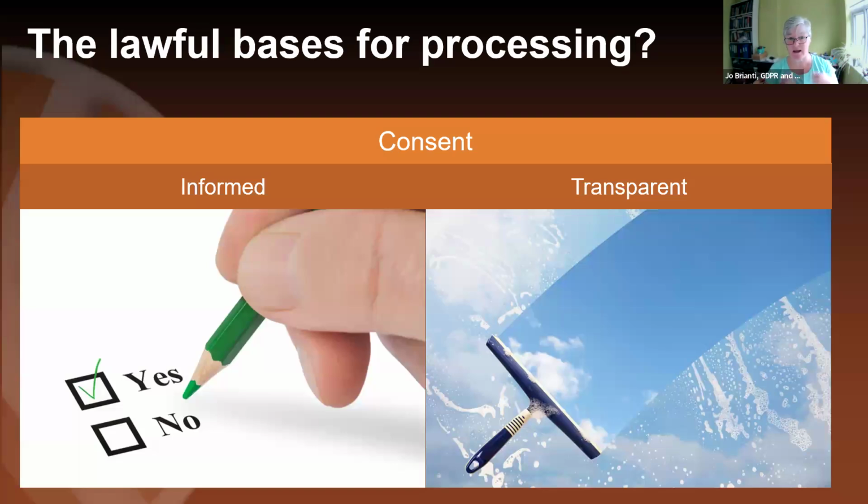Now, I've got a sample of an AI statement. I'm in the middle of drafting one, so I'm happy to spend some time talking with people about that separately to today. But you need to think about your consent. Do you need to be updating how you manage consent to allow people to consent to having their data used in your AI tools?